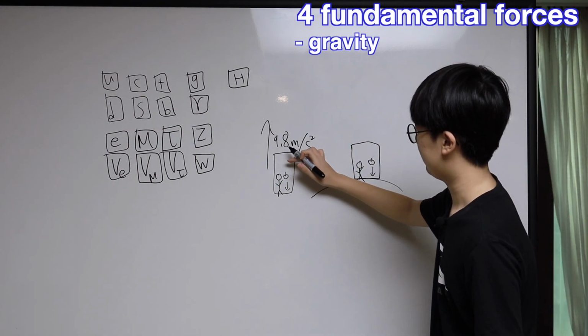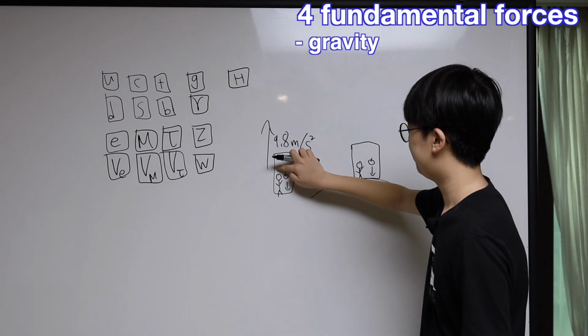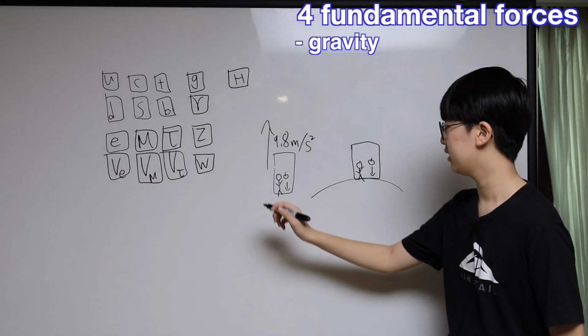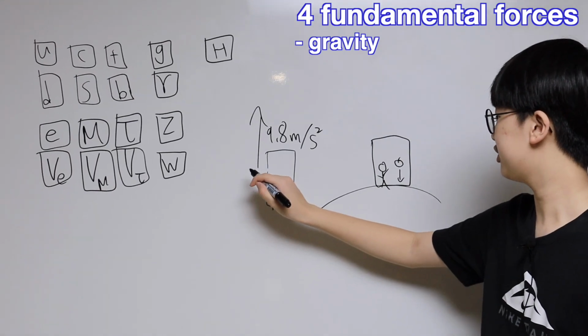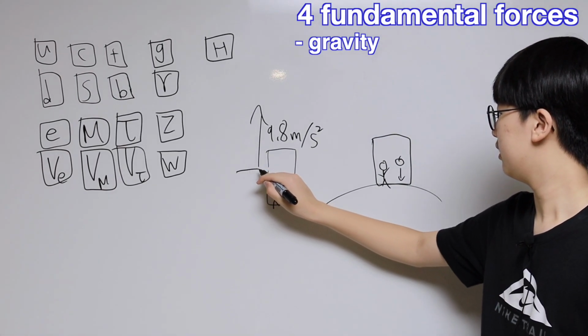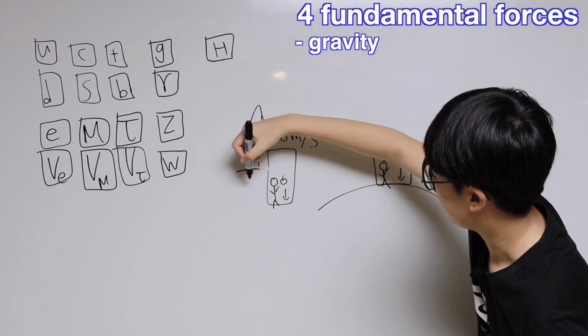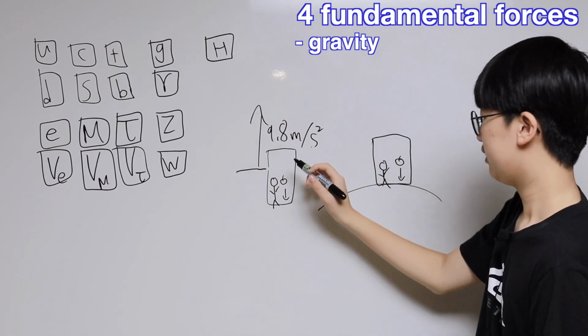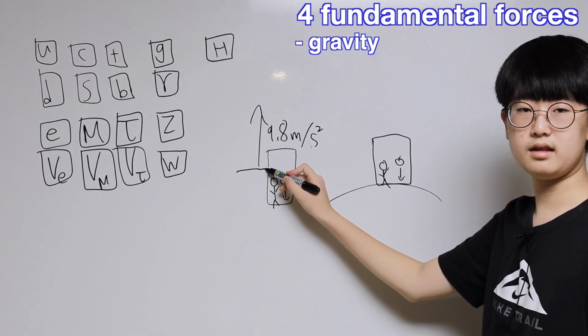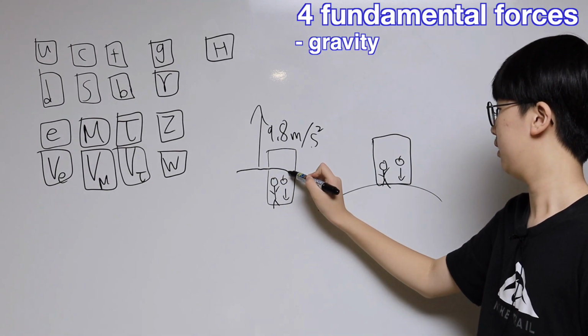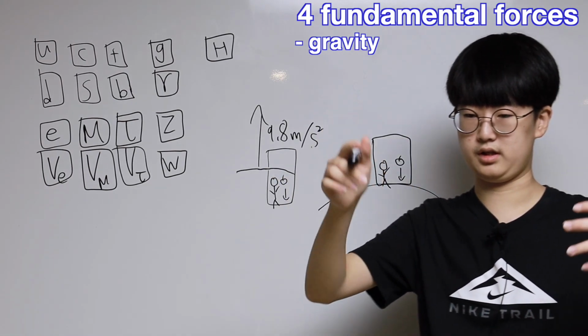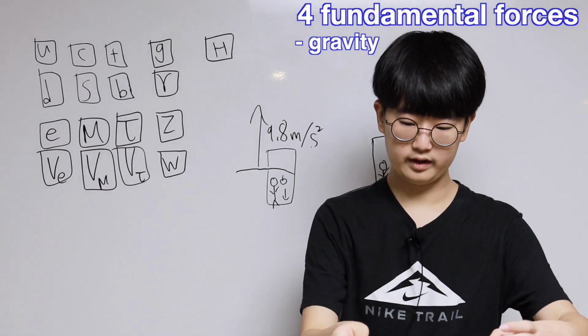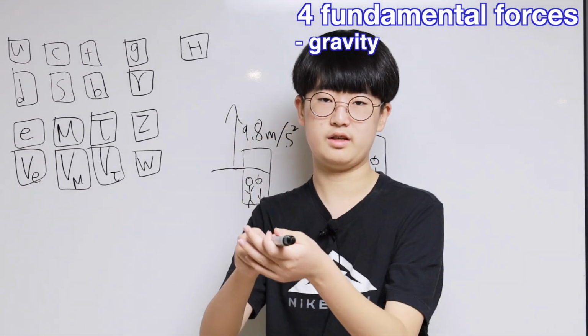So now let's poke a hole through the box and shoot a laser. Because the box is accelerating, the light is gonna curve a little bit. Well, because the box is accelerating, light goes straight and the box accelerates.